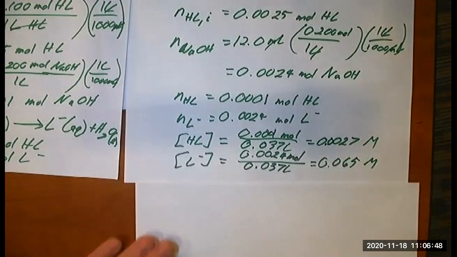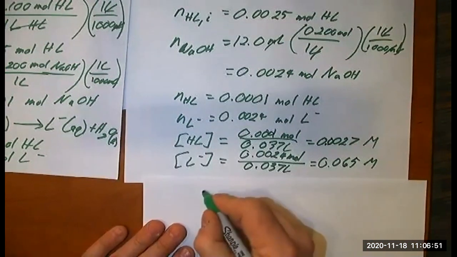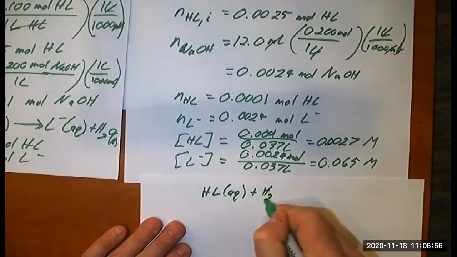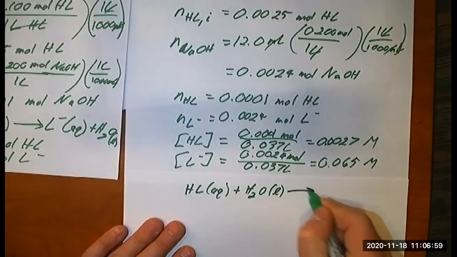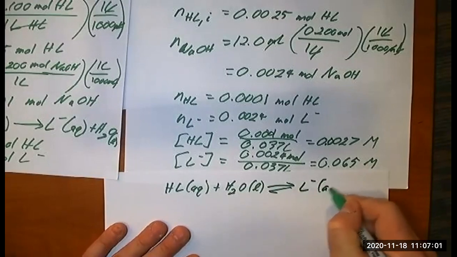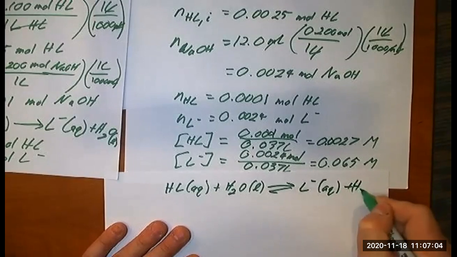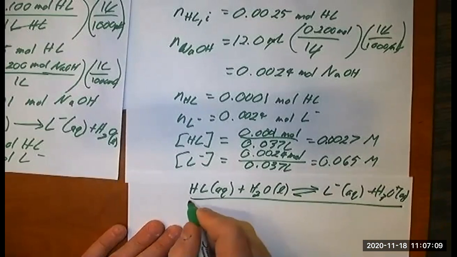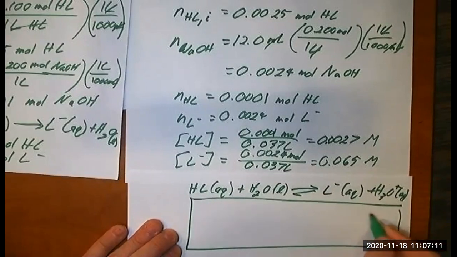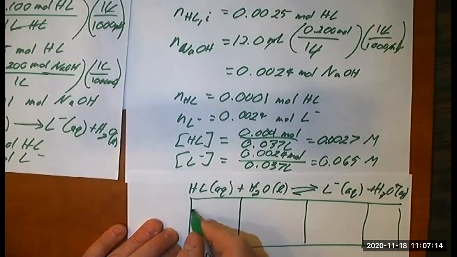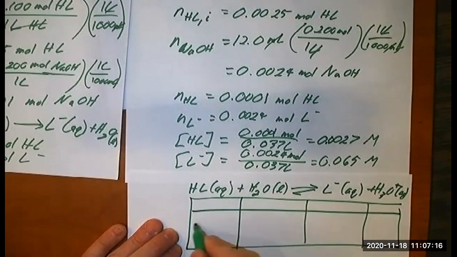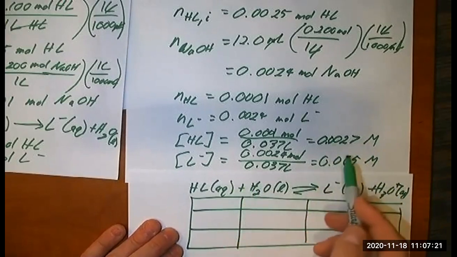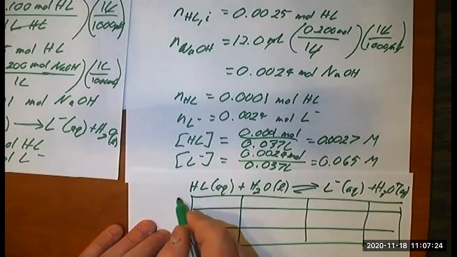We now need our ICE table. So HL aqueous plus water liquid in equilibrium with L minus aqueous and H3O plus aqueous. We've already done our shifted initial conditions, which is what this whole process up here was doing.